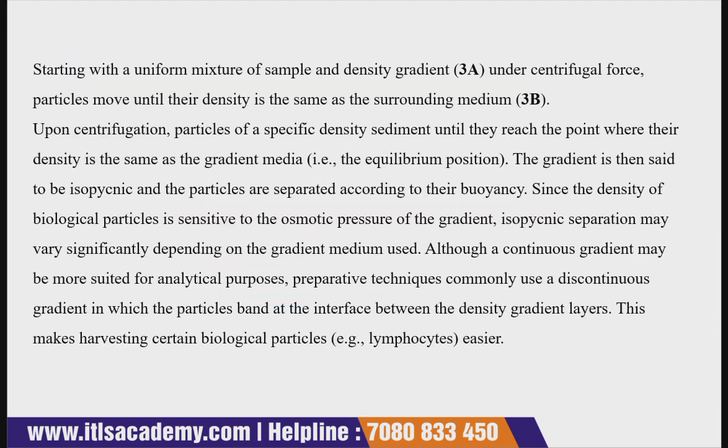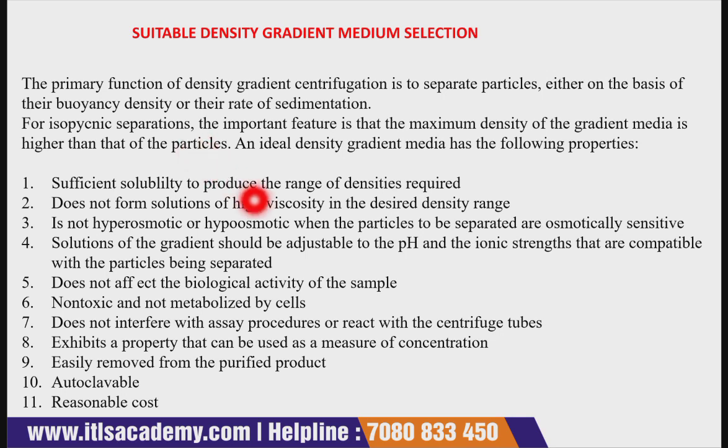The sixth is that it is non-toxic and not metabolized by the cell. The seventh point says it does not interfere with the assay procedure or react with the centrifuge tube. The eighth point says it should have a property that can be used to measure the concentration.